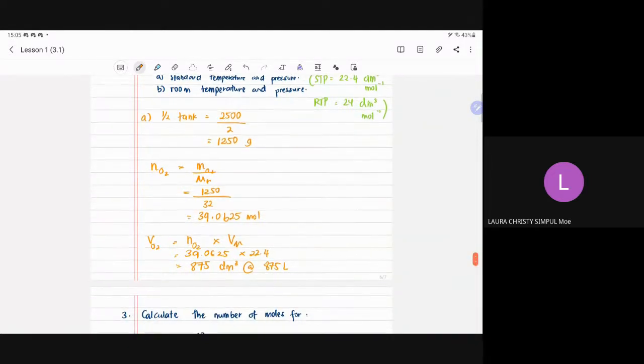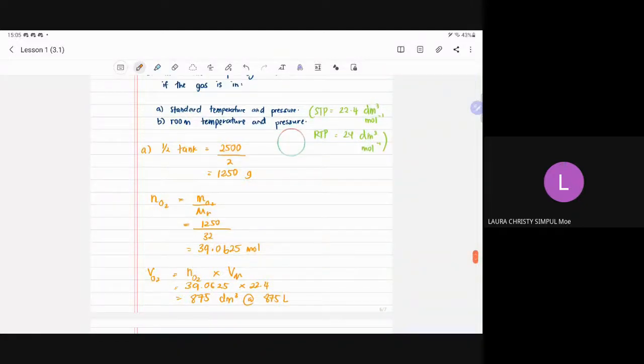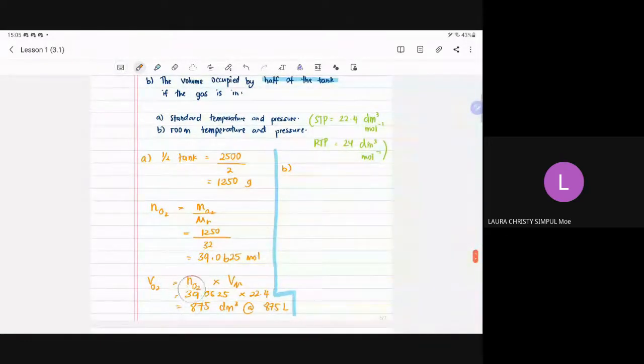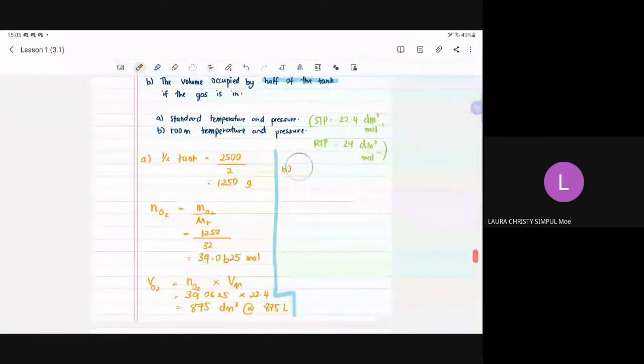So now let's have a look at the next question, B pula. We already have the number of mole. We want to find the volume dekat RTP. So, volume of O2 sama dengan N of O2 multiplied by molar volume.